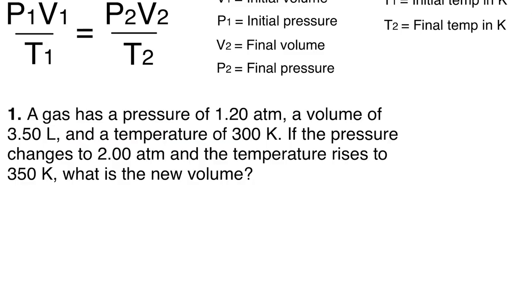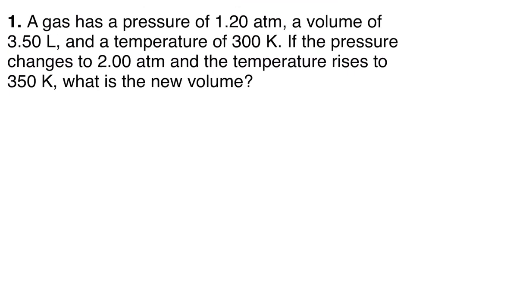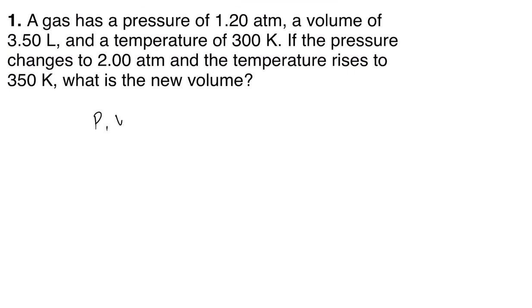First, let's start out by writing our equation. P1 V1 over T1 is equal to P2 V2 over T2. We're looking for our final volume, which is V2, so let's simply sub in everything else.